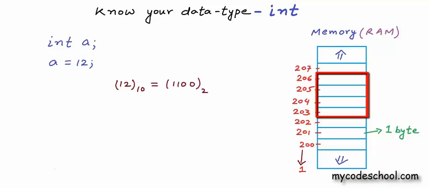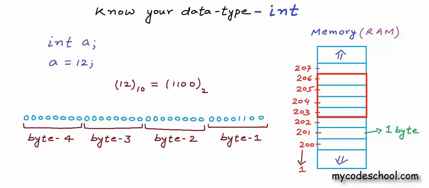If you want to revise some of these concepts, you can check the description of this video for links to some lessons. Okay, so 12 in decimal is 1100 in binary, and this is how I'll write 12 in binary in 32 bits. The 4 rightmost or 4 least significant bits will be 1100, and all leading bits will be zeros. Leading zeros do not matter.